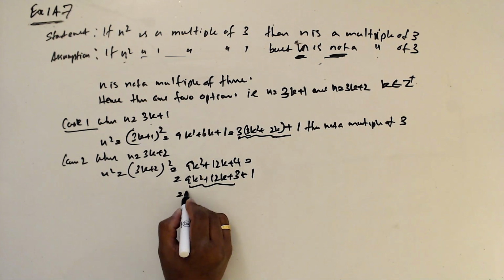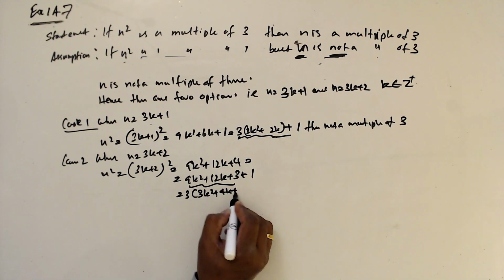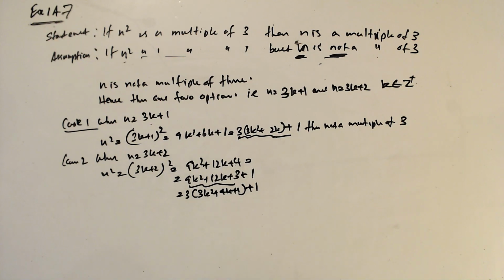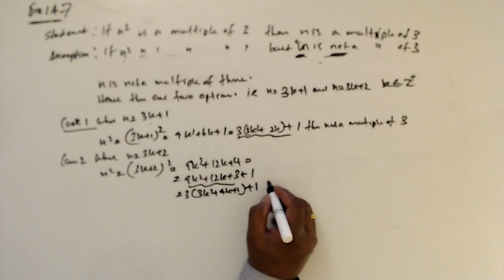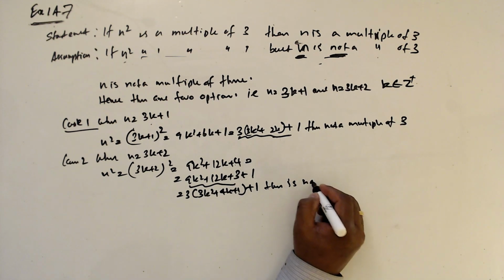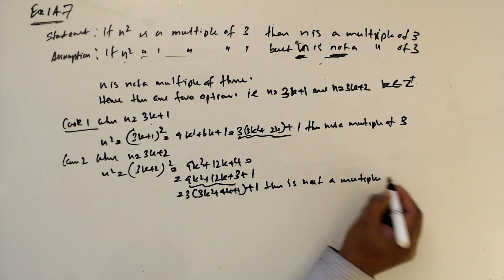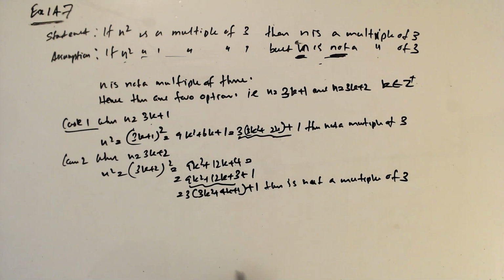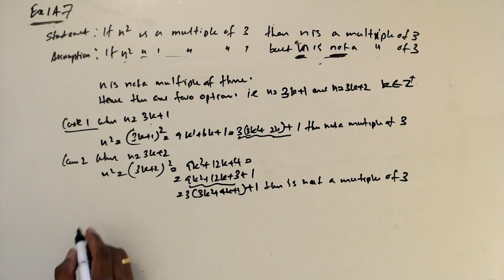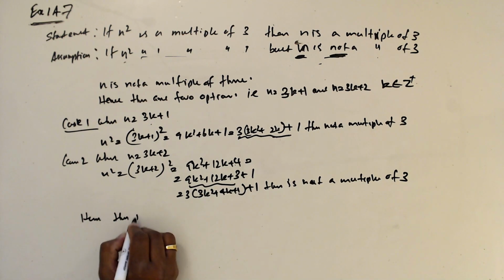Then I can take 3 out: 3 times (3k square plus 4k plus 1), plus 1. Now this is not a multiple of 3. Now this again contradicts. Hence this is a contradiction.